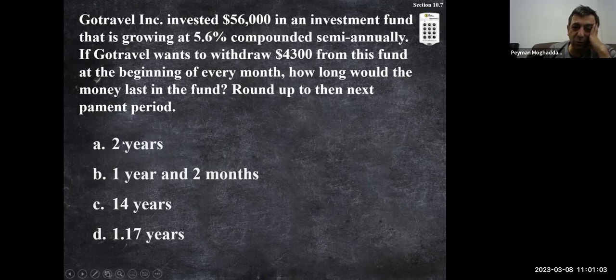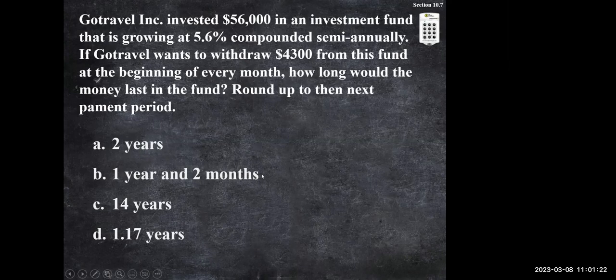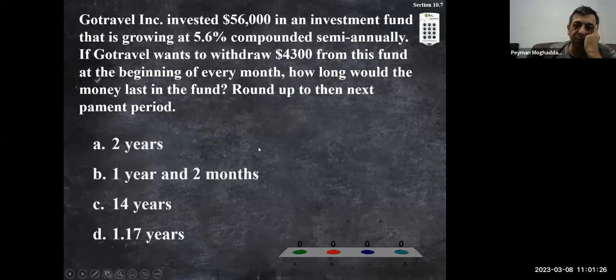You have to give it a month. 2 years is 24 months, right? 1 year and 2 months is 14 months, right? 1.17 years, what does it mean? Doesn't make any sense, right? You want to round it to months. Round up to the next payment period. Makes sense? Yeah. All right.